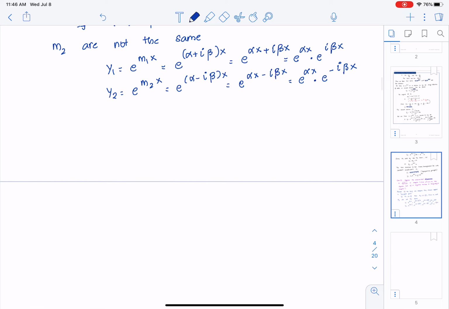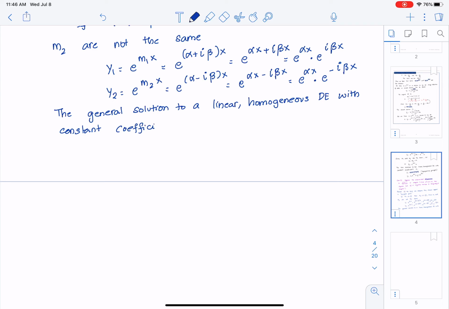Great. So we have the two solutions. So the general solution to a linear homogeneous DE with constant coefficients and complex roots is simply a linear combination of y1 and y2. Again, superposition principle.